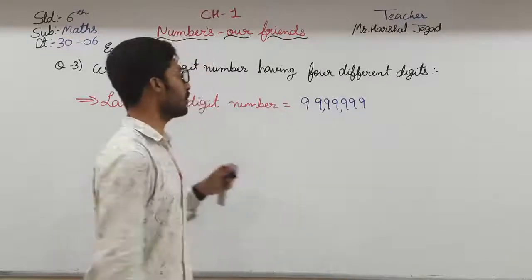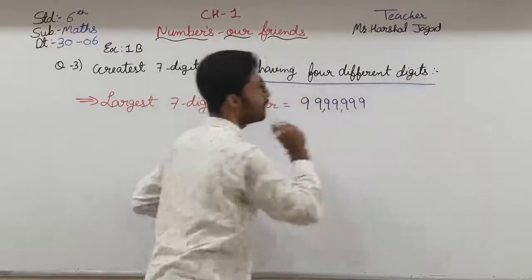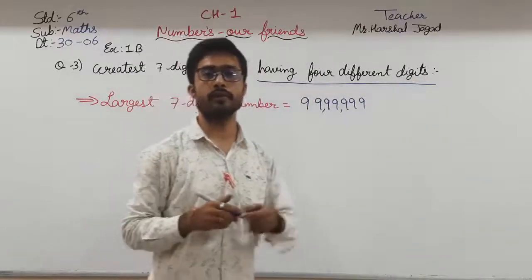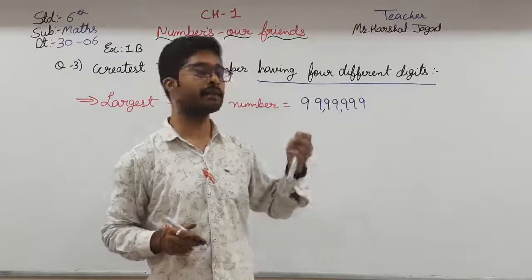But what we have to do is find one having 4 different digits. So there should be 4 different digits for the largest 7-digit number.